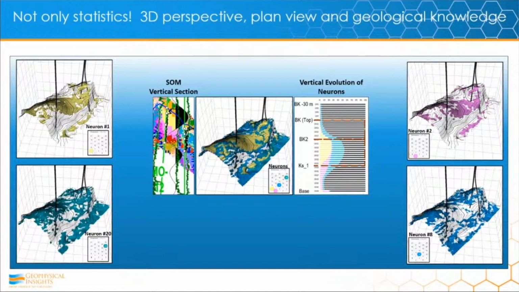We also use different visualization techniques such as plan views, vertical sections, 3D perspective views, vertical proportion curves, cross plots, box plots, radar plots, among others. And the geological knowledge of the area of interest is very important in order to understand a little bit more the reservoirs that we are studying.